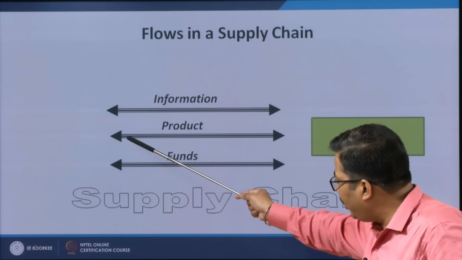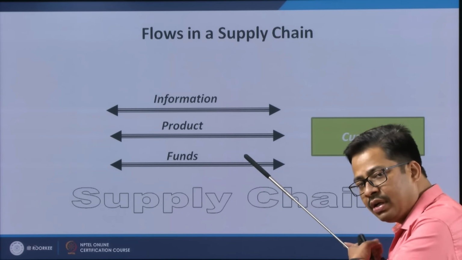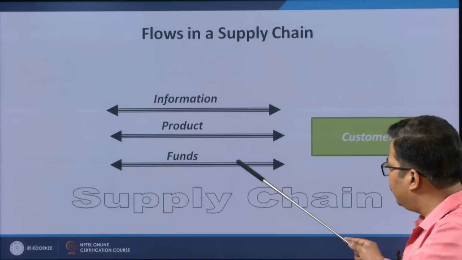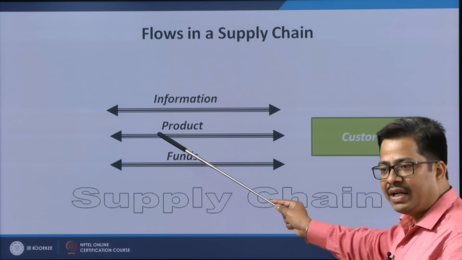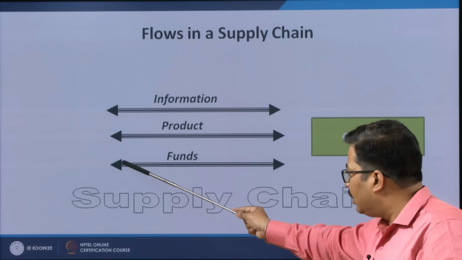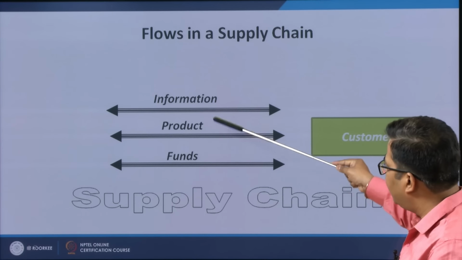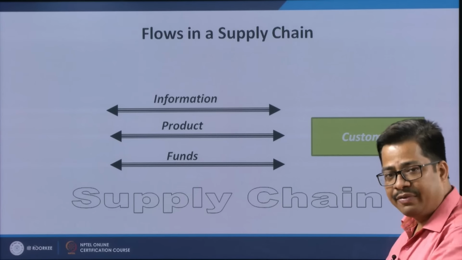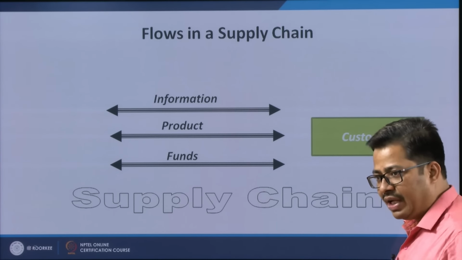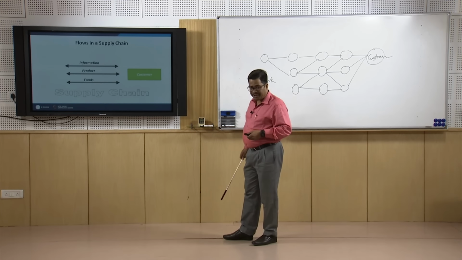If products are flowing left to right, funds will flow right to left, and if products are flowing right to left, funds will flow left to right. So these directions are restricted, and the flow of information is independent. It can flow independently in both directions. So that is about the three important flows in supply chain.